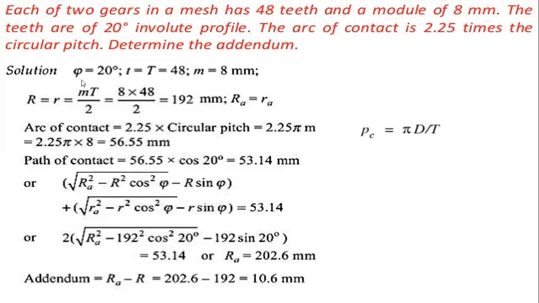So we take the given data: phi is 20 degrees, t is 48, and module m is 8 mm.